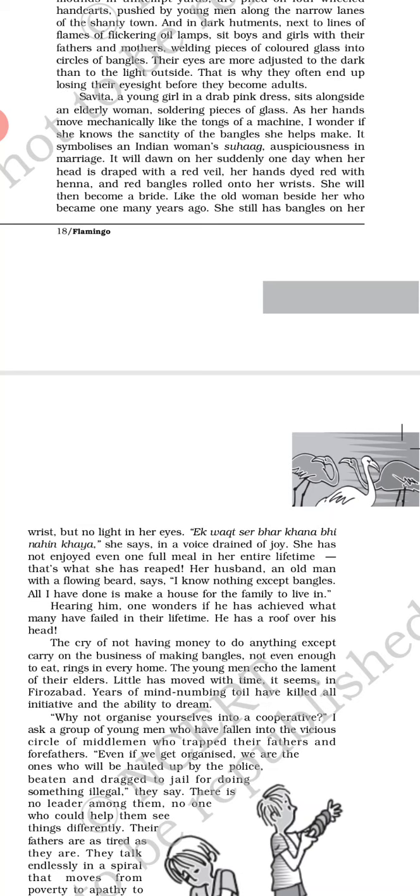She will wear a red veil, a red piece of cloth. Her hands will be dyed red with henna, and she will also wear red bangles on her wrist. Then she will really understand the significance of these bangles, of their holiness. She will then become a bride.